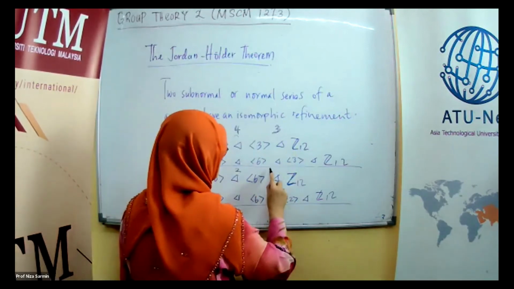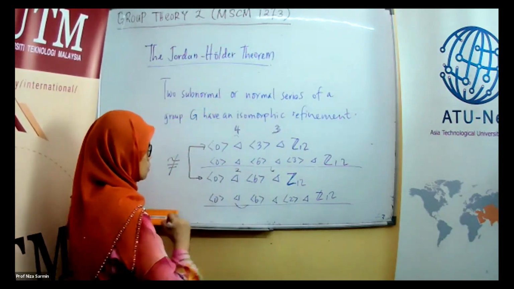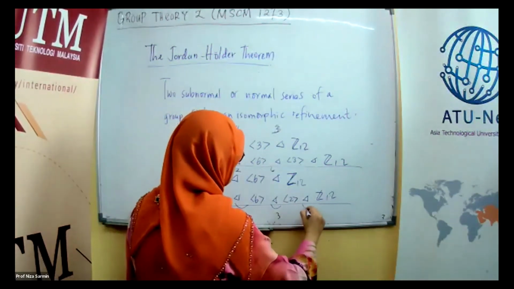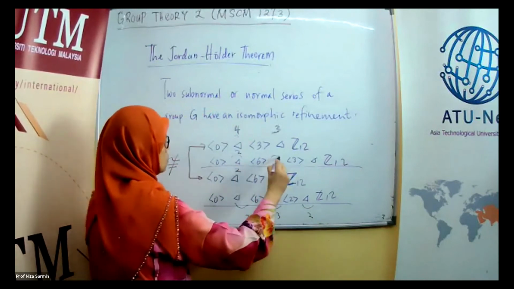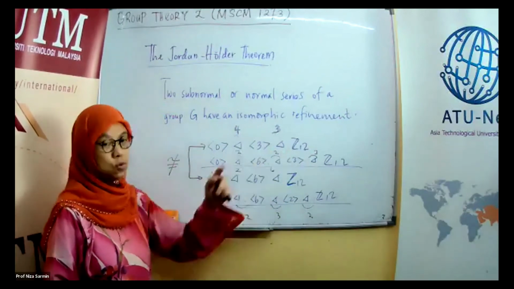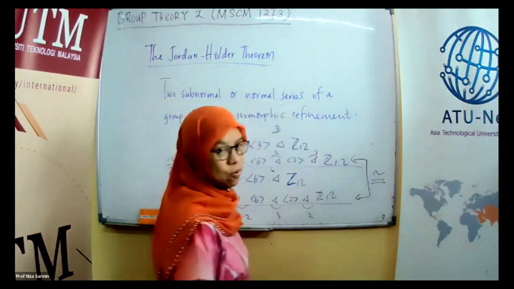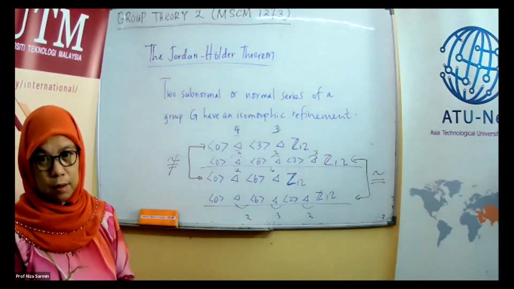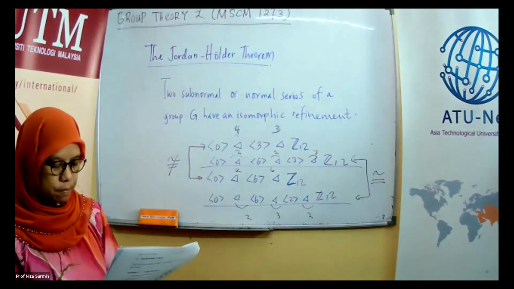This one is 2, this one is 3, this one is 2. This one is 2, 2, 3. So 2, 3, 2 and 2, 2, 3. So these two are isomorphic. Okay? So I'm not going to give the example there. You can read through, but there is another example.